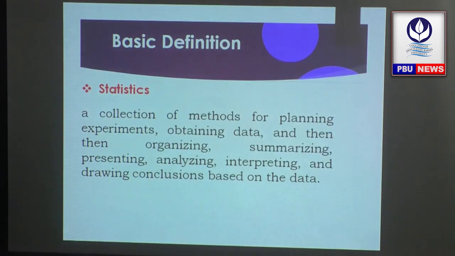First, what is the basic definition of statistics? Basically, statistics is a collection of methods for planning experiments, obtaining data, and then organizing, summarizing, presenting, analyzing, interpreting and drawing conclusions on our survey data.